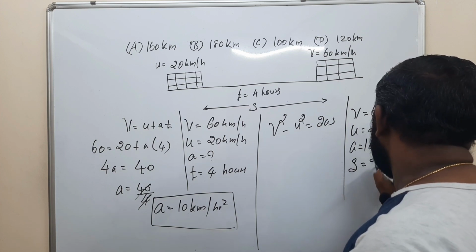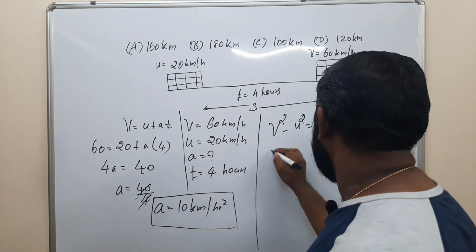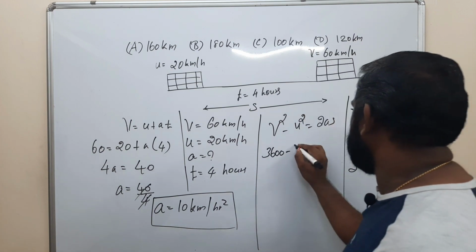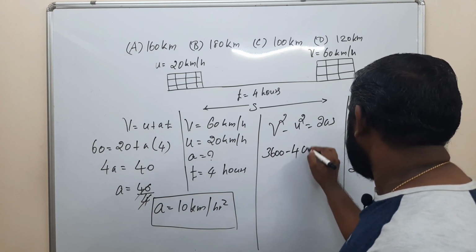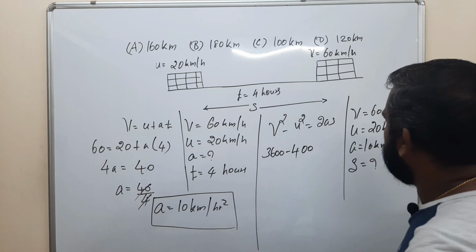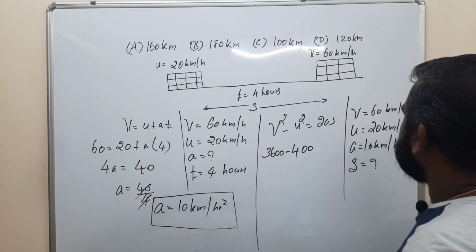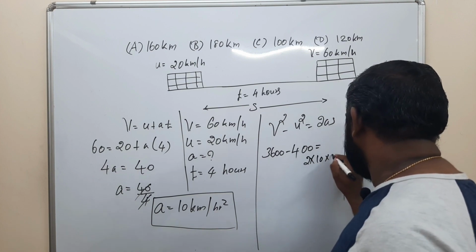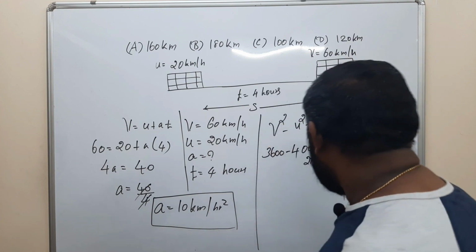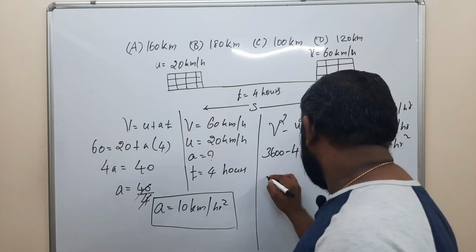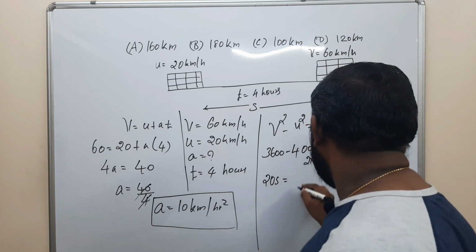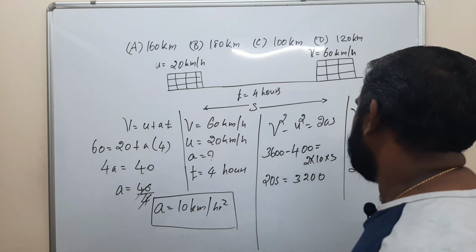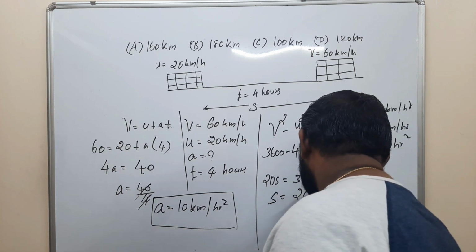Substituting the values, 60 square is 3600, minus 20 square, that is 400, is equal to 2 into 10 into s. So 20 s is equal to 3200.